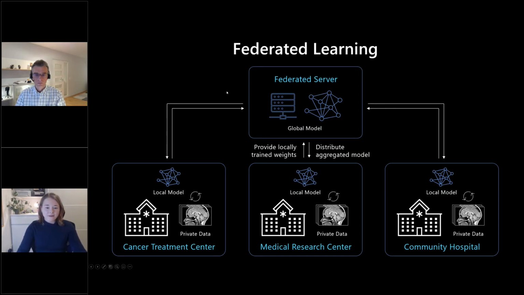In this case, we can have a federated server in between that gives the instructions to the different hospitals to train their own local model on their own data, and then sends back their trained weights to the federated server. Then, using a specific approach, these weights get aggregated and a global model is generated, which can then be used to score data on the different data sets, and it contains the knowledge from the different hospitals without actually sharing the data amongst them.